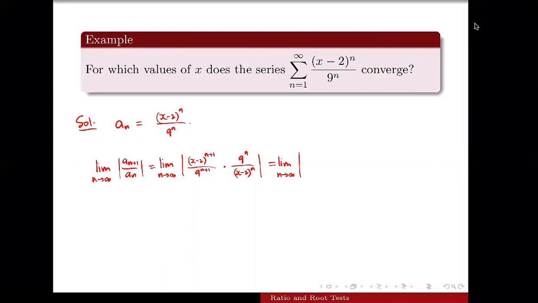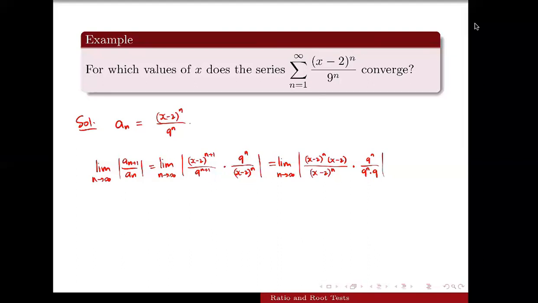And then you will have (x minus 2)^n times (x minus 2), that's your (x minus 2)^(n+1). On the denominator, you have (x minus 2)^n times 9^n times 9, that's your 9^(n+1) on the denominator there.